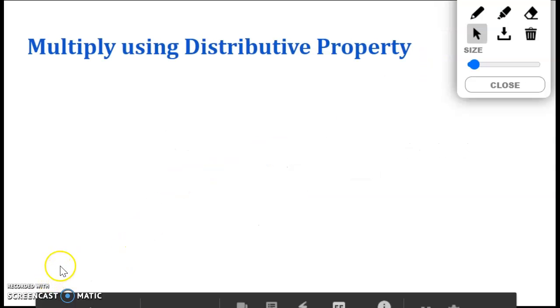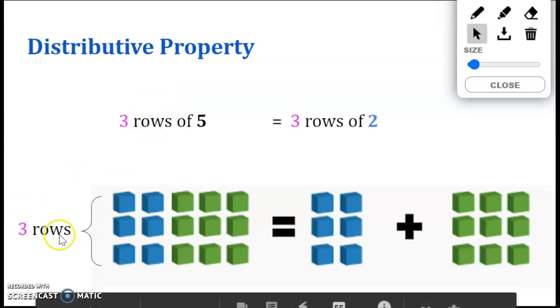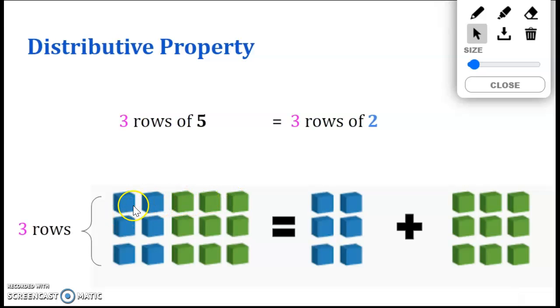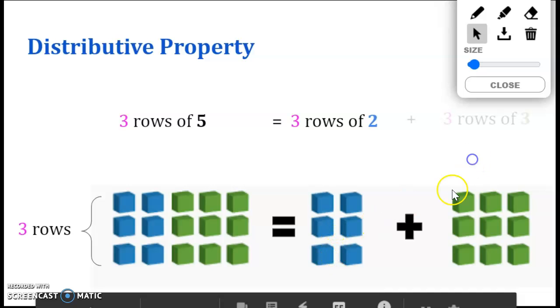Okay, so let's talk about multiplying using the distributive property. What is the distributive property? It's like if you have 3 rows of 5 blocks. If you have 3 rows of 5 blocks, then you can separate this as 3 rows of 2 blocks, that's the blue ones, and 3 rows of 3 blocks.